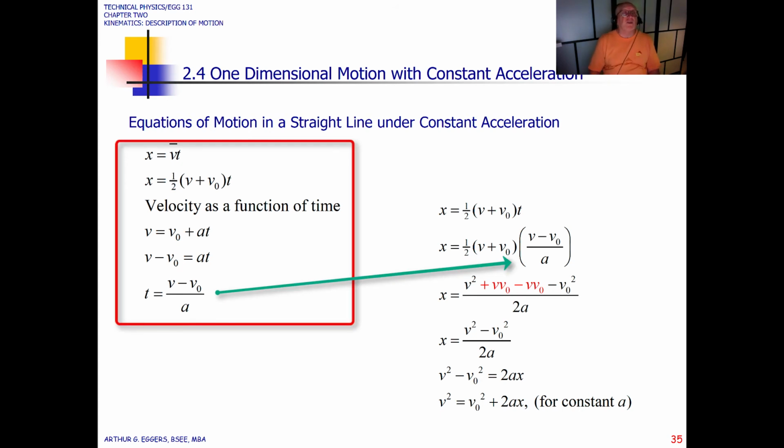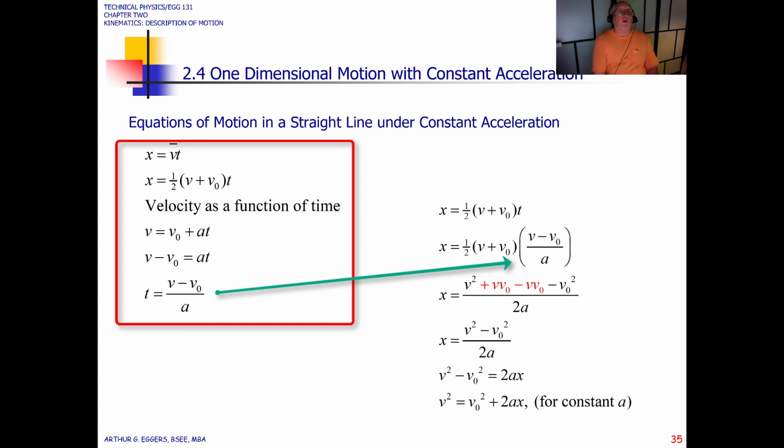We're going to start with the definition, which was really velocity is equal to x over t. We're going to move the terms around so that we have distance is equal to velocity times time. We're going to do a substitution here again for velocity: velocity plus velocity naught times time.